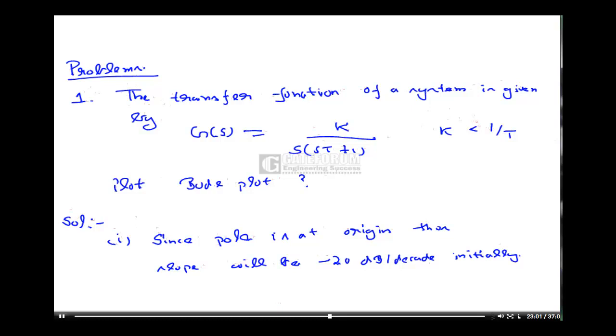Okay, one more pole is added at minus 1 by T. Thus since already the slope is minus 20 dB per decade, and if one more pole is added to that, the slope will become minus 40 dB per decade.